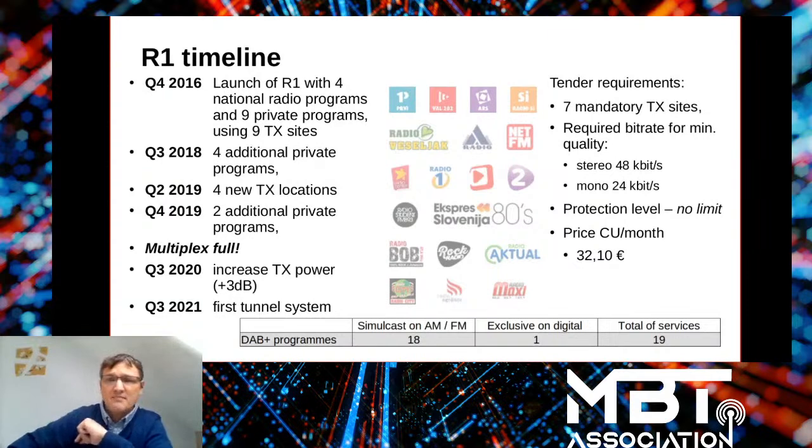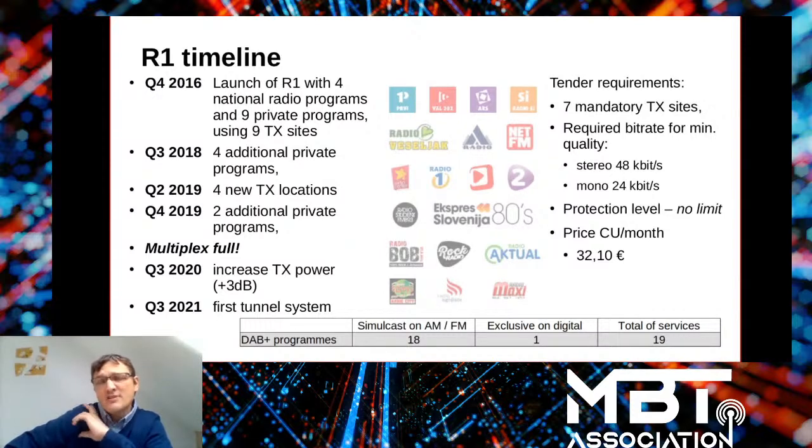It seems nice, 14 stations from the beginning, but there was a limitation on the price. So the agency said the price per capacity unit per month is 32.1 euro. So it was very hard to put the network in operation, and we just went with these 7 mandatory sites.